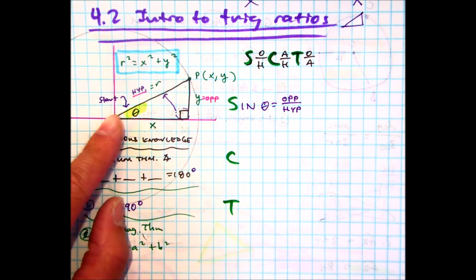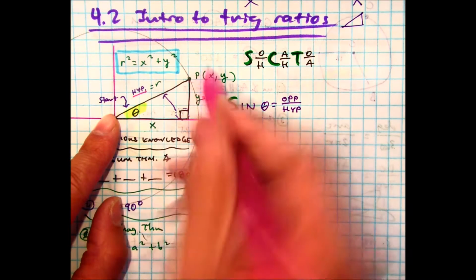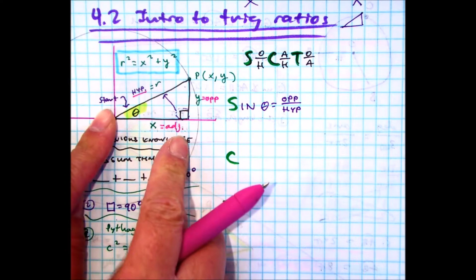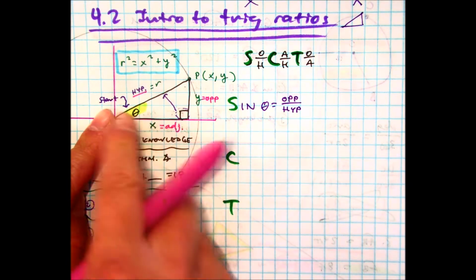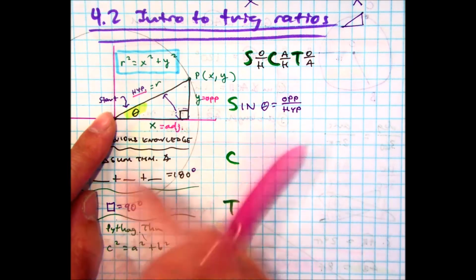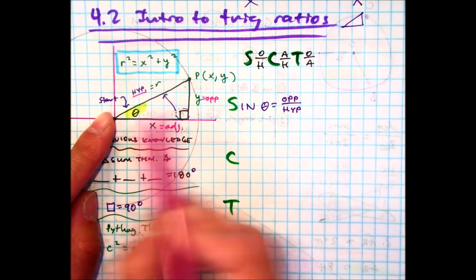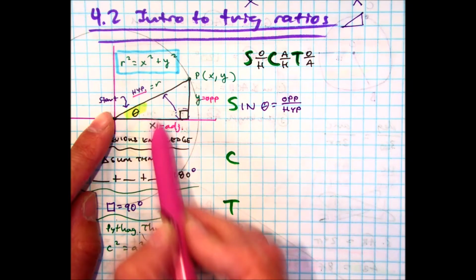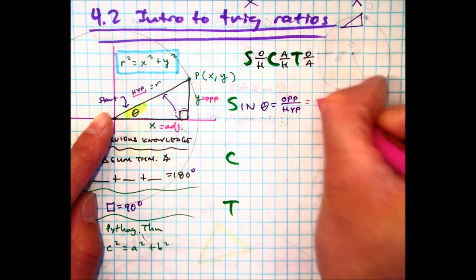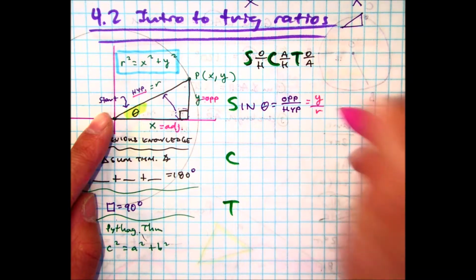The third side, which you should do last, is called the adjacent side. Adjacent means next to. It's next to this given angle. So sine, pay attention now, if I used letters, is y over r. Opposite over the hypotenuse is equal to y over r.